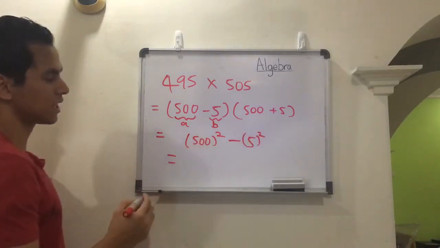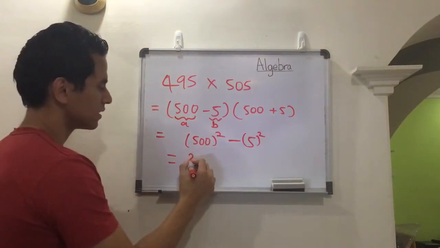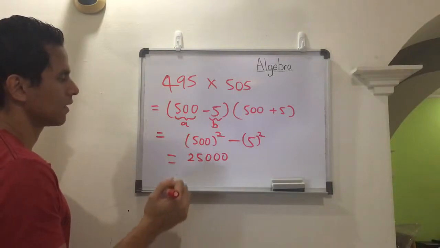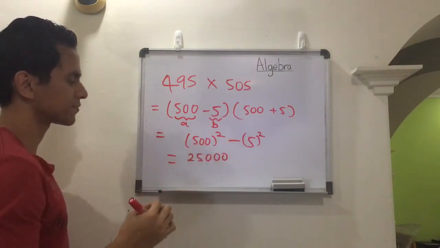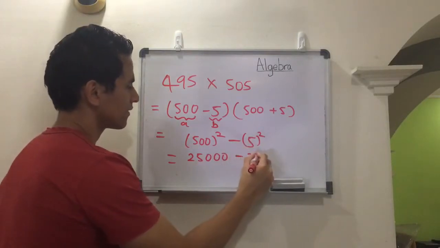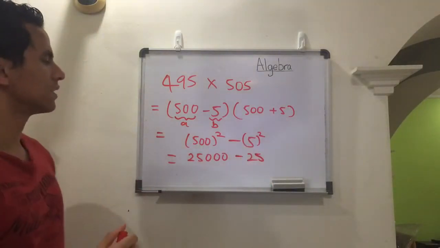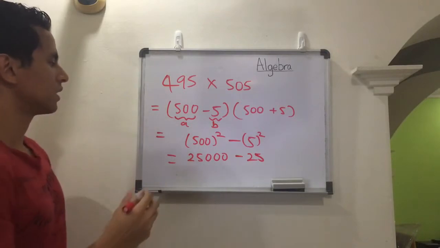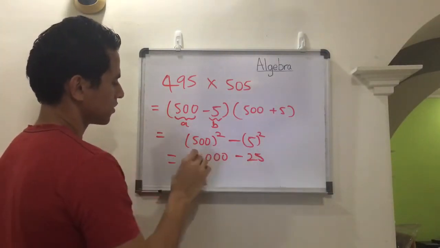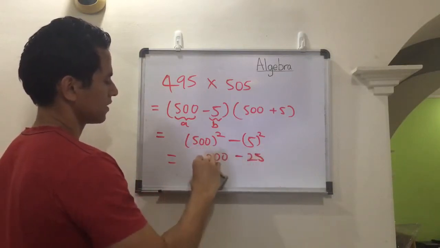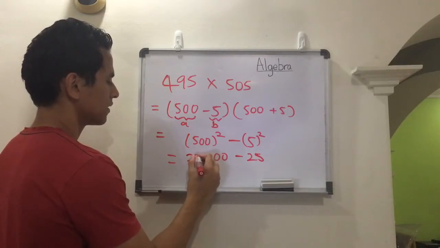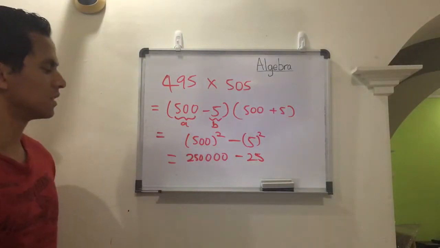So this is just 25,000. Okay, and then this is going to be minus 25. Okay, sorry, this is going to be more than that actually. This is going to be 250,000.